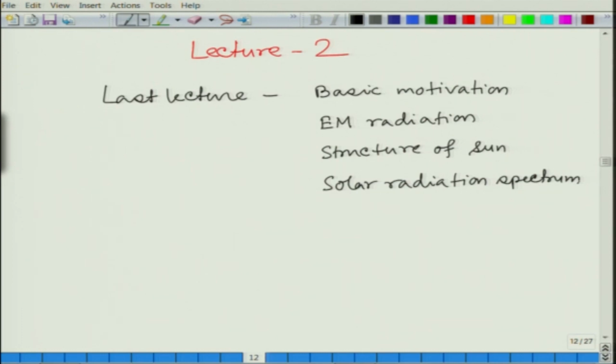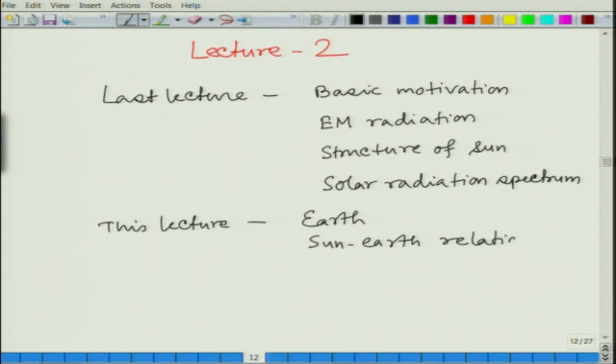Now, in this lecture, we are going to cover the following. First we have looked at the Sun, so we will need to look at the Earth now, and then the Sun-Earth relationship, of which only part will be seen in this lecture, and it will continue for a few lectures from now onwards.